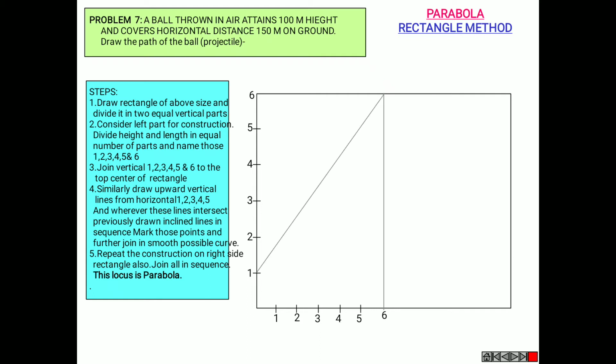Now from the middle point to 1, 2, 3, 4, 5 and 6, I draw inclined lines; the 1, 2, 3, 4, 5 and 6 on the side are only horizontal lines. Similarly do the same process towards your right also.